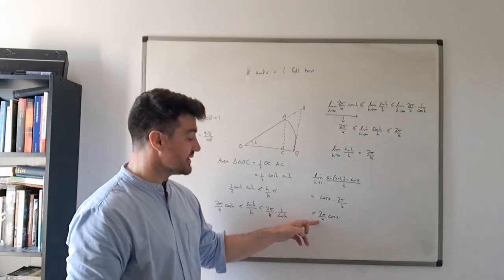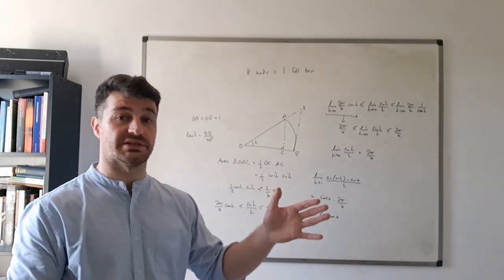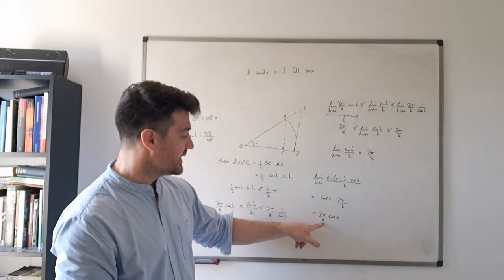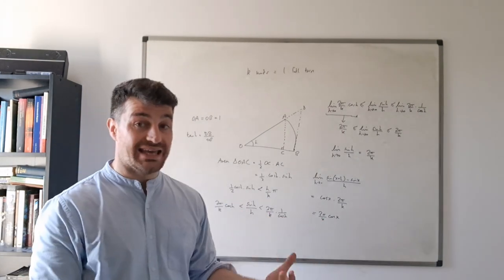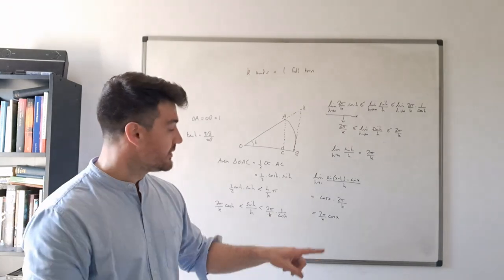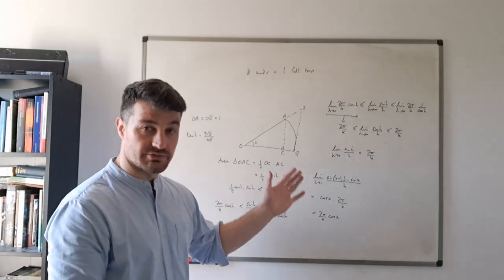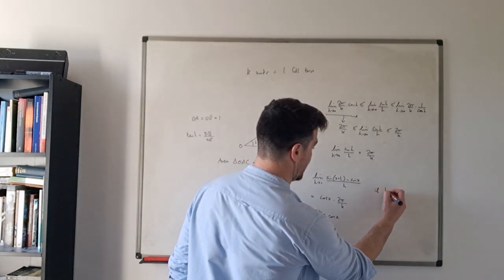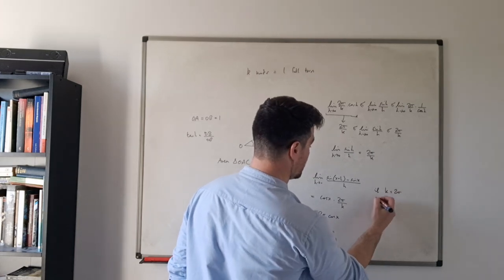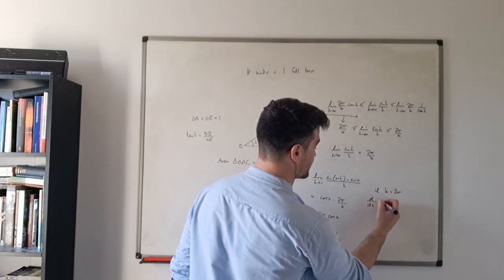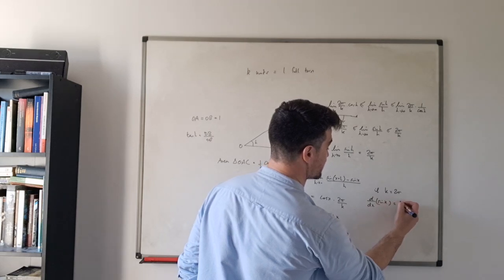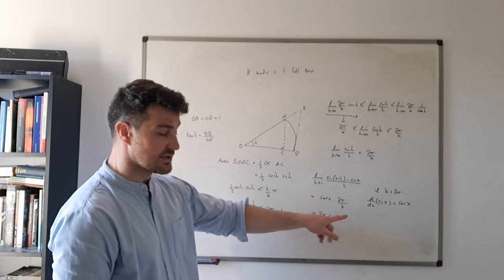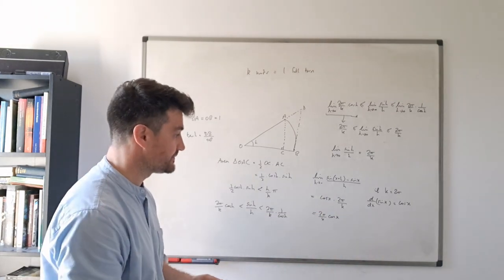But what would be nice here? Well, if the derivative of sine x was equal to cos x, right? Okay, so if we chose k to be equal to 2 pi, then we'd get that the derivative of sine x is equal to cos x. So if k is equal to 2 pi, then the derivative d by dx of sine x is equal to just cos x, because we get 2 pi over 2 pi times cos x, which is just 1 times cos x.